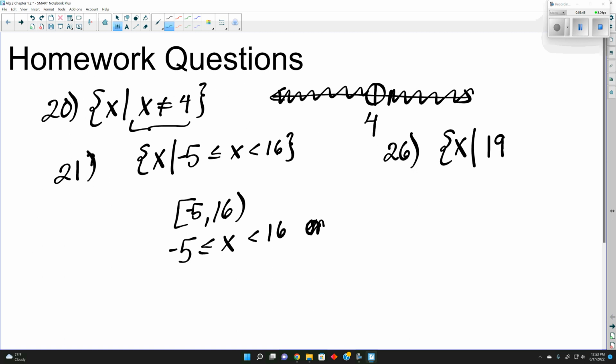So 19 is less than x is less than 32. Yes. Yes.